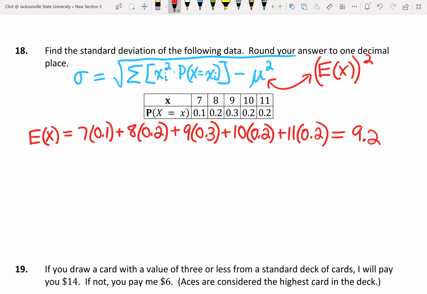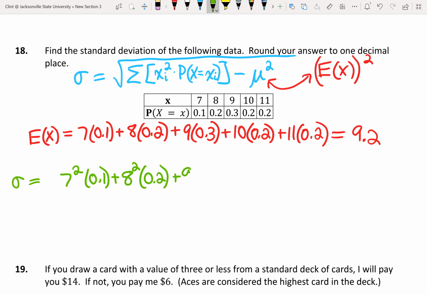So now to do standard deviation, we're going to do almost the same looking formula, except each outcome is going to be squared this time. So we'll have 7 squared times 0.1 plus 8 squared times 0.2. A little sloppy there, sorry.